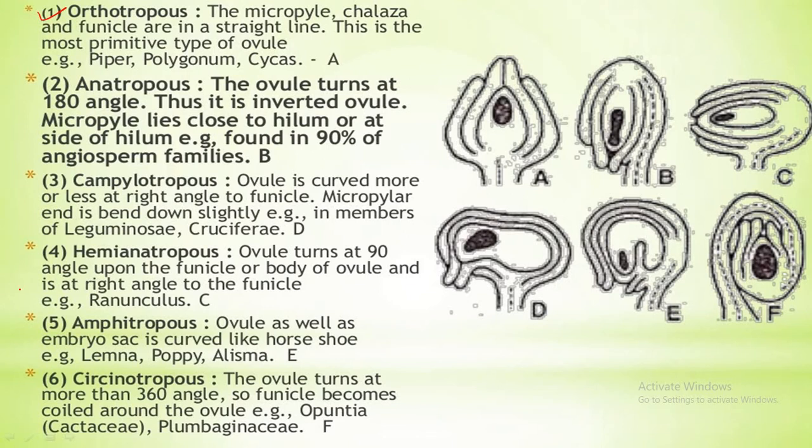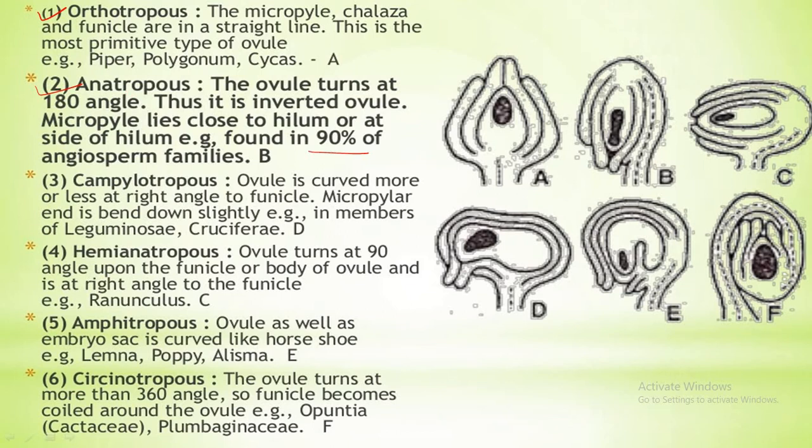Examples: Piper, Polygonum, Cycas. The second one is the anatropous, where the body of the ovule is completely inverted, and it is found in 82% of the angiosperms. According to your textbook, it is 90% of angiosperm families that have this anatropous ovule.